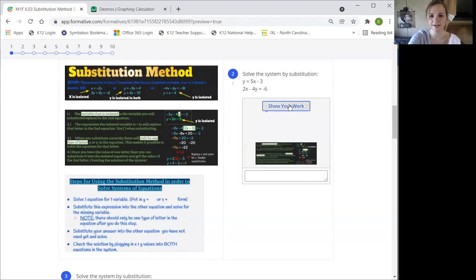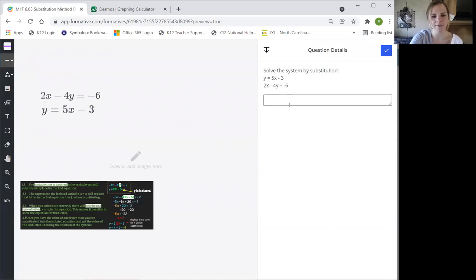So let's go ahead and do one together. The first thing is we need to get one of the variables isolated. We can see here that y is already isolated, so we already have that step completed.